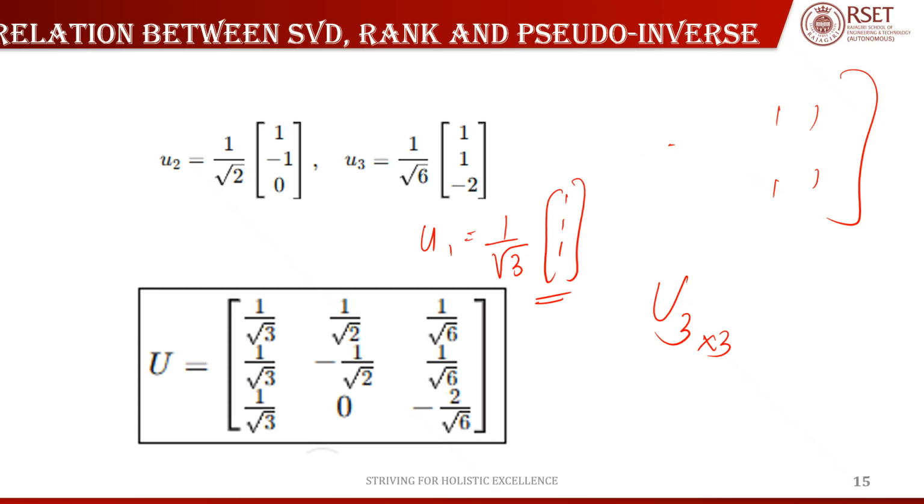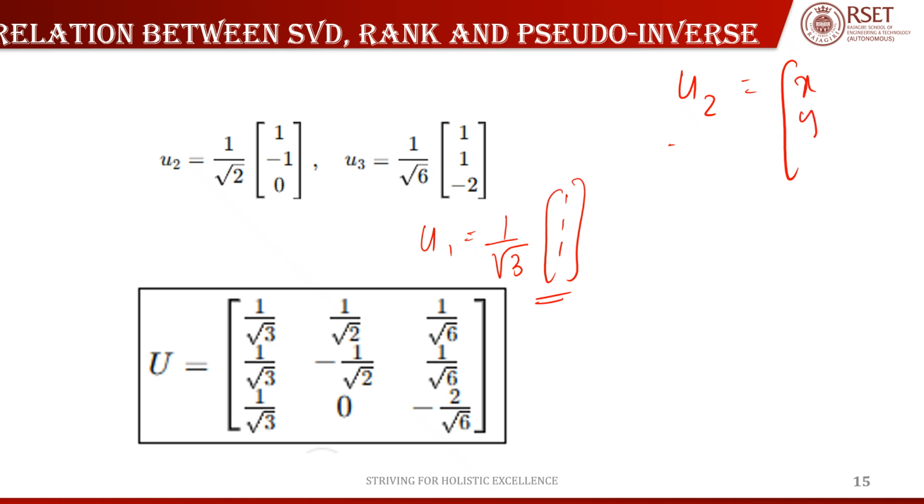And before that, coming to u1, how do we do that? Let me first choose u2, which is orthogonal to u1. Let u2 be xyz, since we need a member of R3.